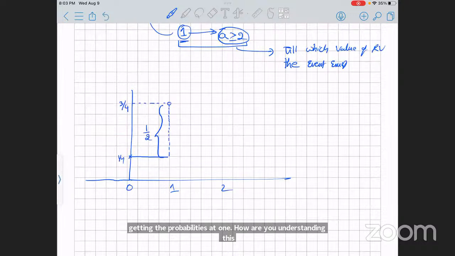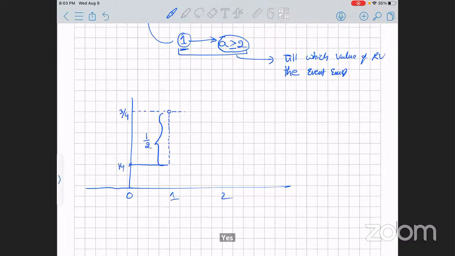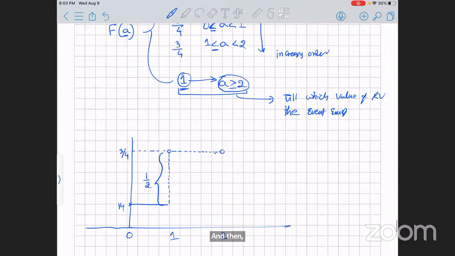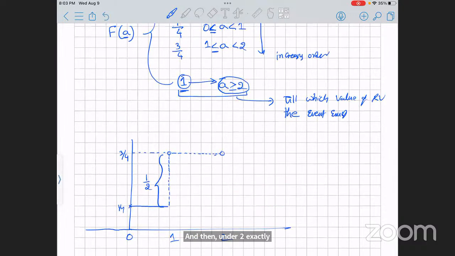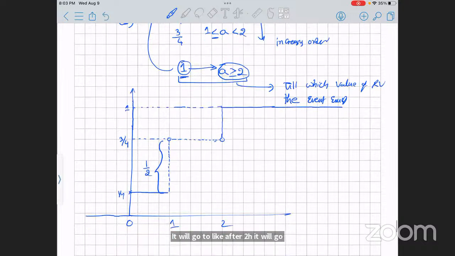And then till 2, 3 by 4 continues. At 2 exactly, it will become 1, and after 2 also it will maintain 1 only. If you subtract these two, 1 minus 3 by 4, you will get 1 by 4.